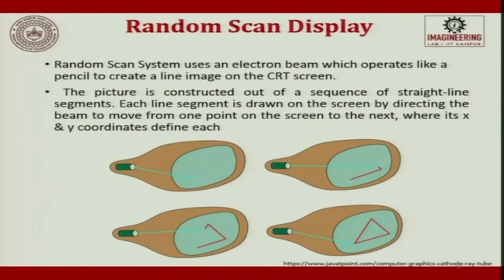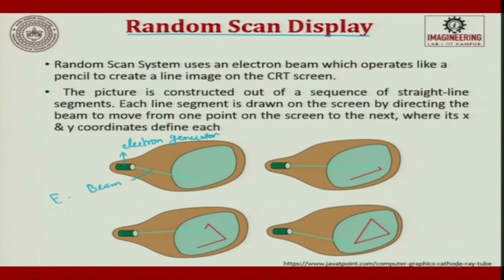Now, let us look into random scan display. How does this random scan display work? Random scan display uses an electron beam. You see a beam which is coming out from an electron generator. This is an electron generator, and this is the beam, which is an electron beam.